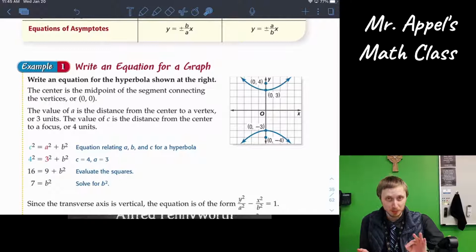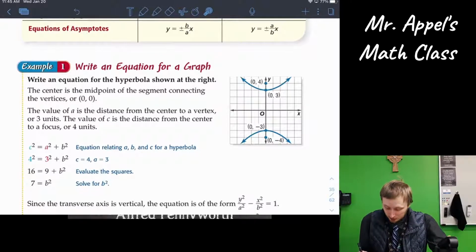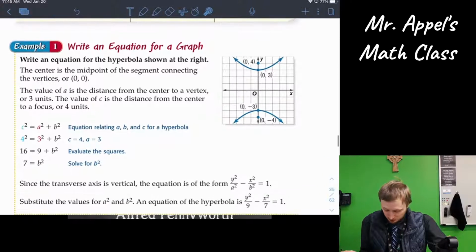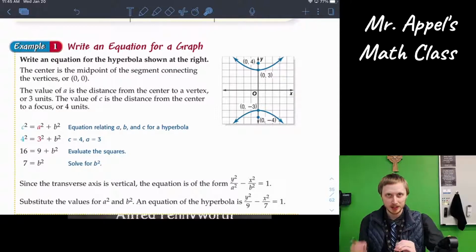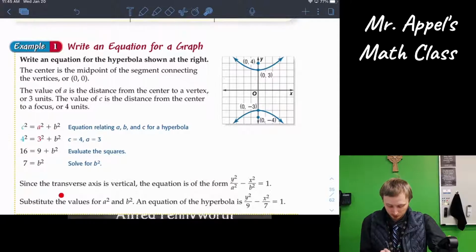Still the same process. One's on top, one's on the bottom. So how do you figure that out? The transverse axis always connects the foci. So the transverse axis here is vertical. The equation is in the form y over a.